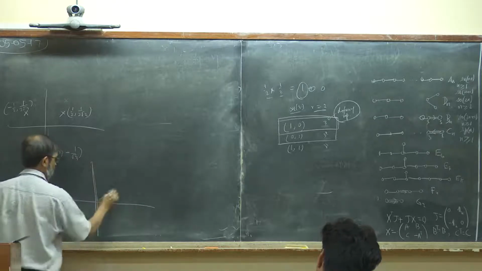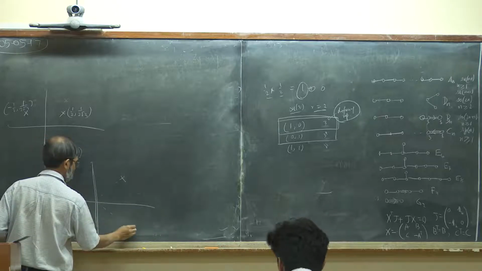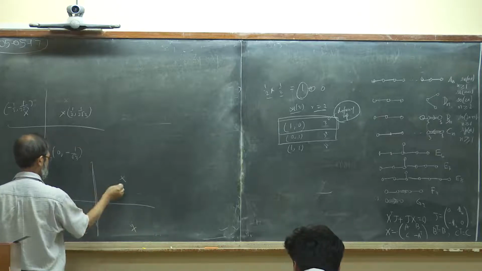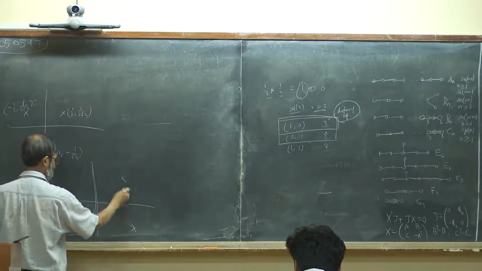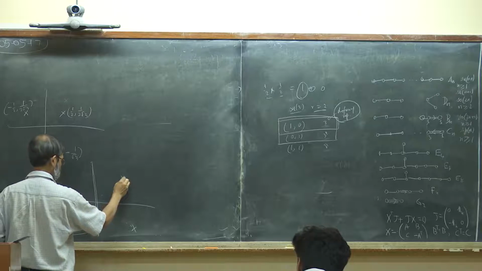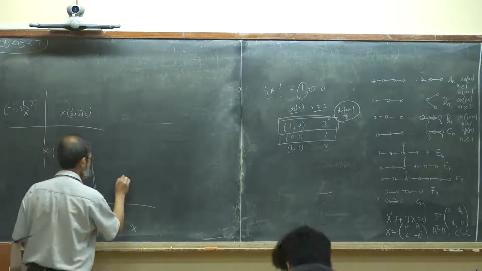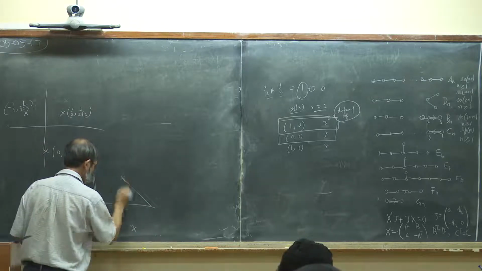This was a regular hexagon. These two were the simple roots.